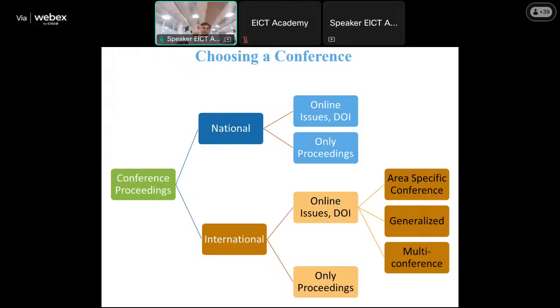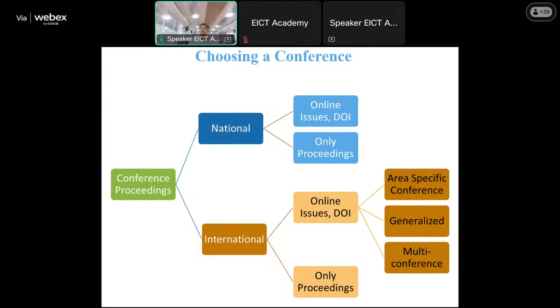Whether you prefer a national or international conference, you need to think about whether each submitted article gets one particular DOI. That is the meaning of having a DOI or online issue.